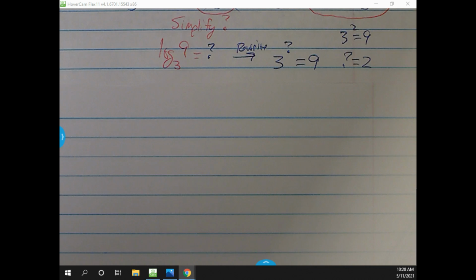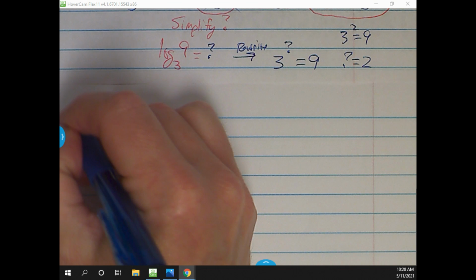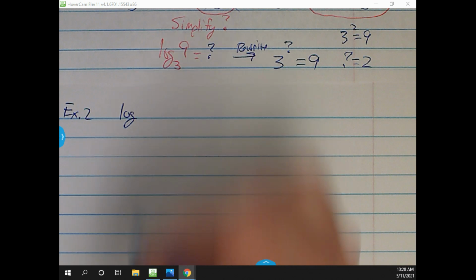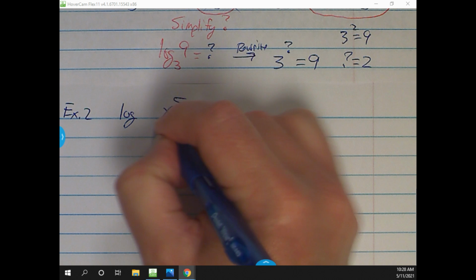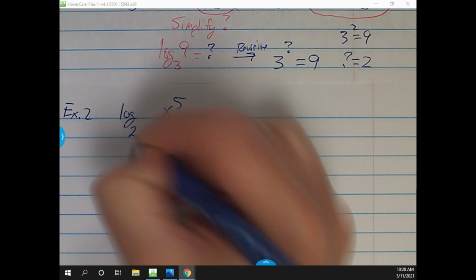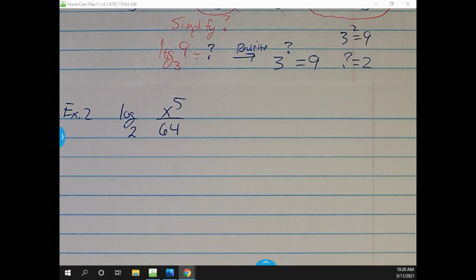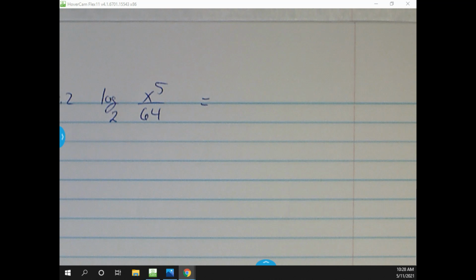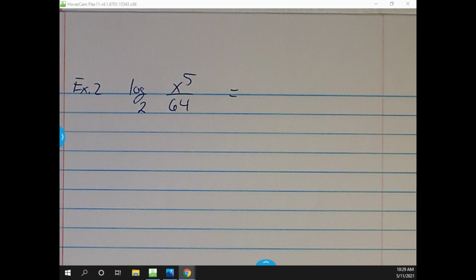All right, so let's do the log of x to the 5th over 64, and let's make it base 2. Okay, so we'll do the expanding first, just like we've been doing with all the other problems.